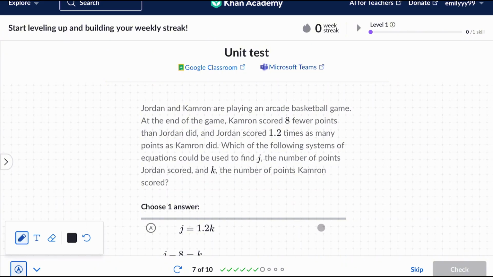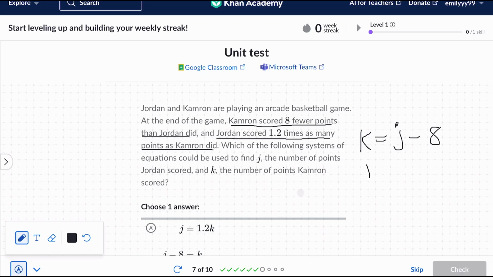Okay, so we can write that Cameron scored 8 fewer points than Jordan did. So K, which represents Cameron, is equal to J minus 8, because he scored 8 fewer points than Jordan did. And Jordan scored 1.2 times as many points as Cameron did.